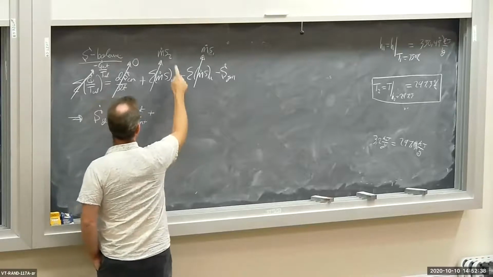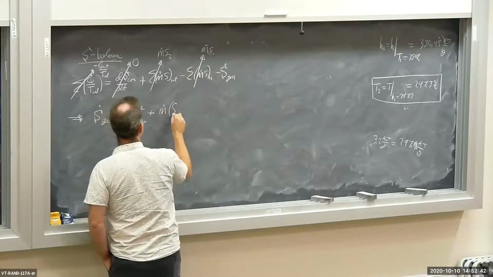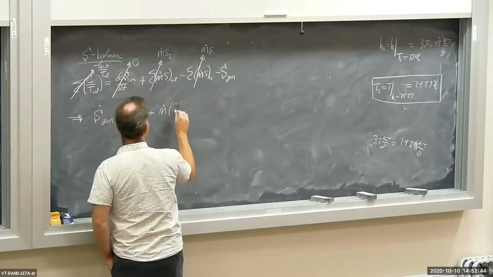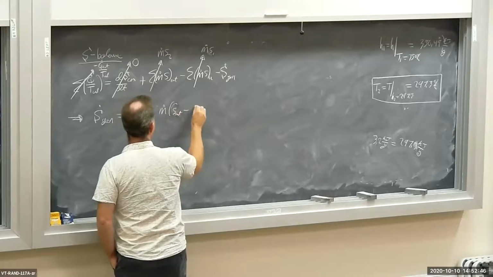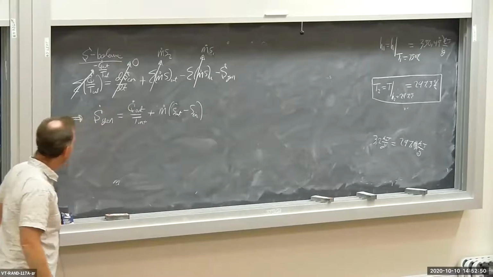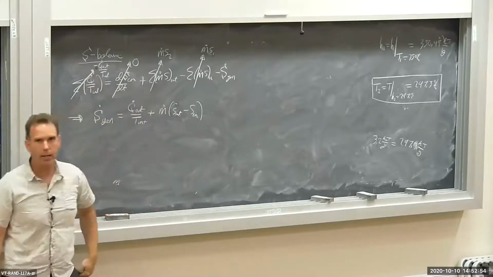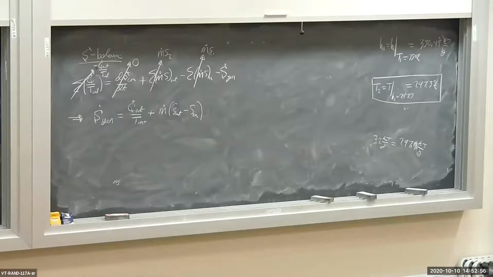And now I'm going to group together these terms. They involve an m dot, so I'll have m dot times s out minus s in. The negative sign went away on the Q dot term because I put it on the right-hand side of the equation and it became positive.